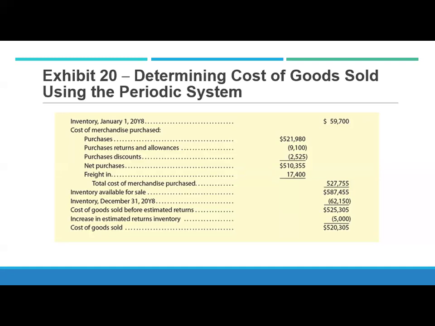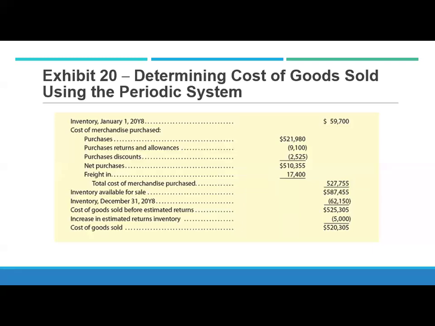We know how much is left, so we know the total amount that was sold throughout the period. Then there's a small adjustment for estimated returns inventory, right? It backs out the sale, it backs out the cost of goods sold. So that reduces our cost of goods sold. And we have our cost of goods sold of 520,000.